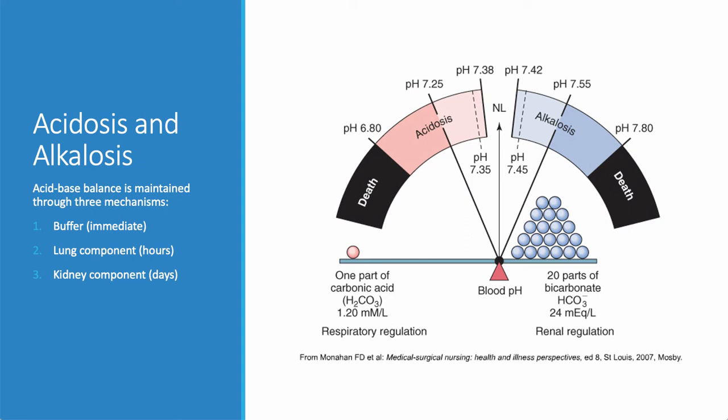The other thing that we recognize here is this 1 part carbonic acid to 20 parts of bicarbonate. So this is the balance that makes all of this work. 1 part of carbonic acid, this is the acid component, to 20 parts of bicarbonate, which is the base component. And when those things are in equilibrium, we have a nice normal pH of 7.4.